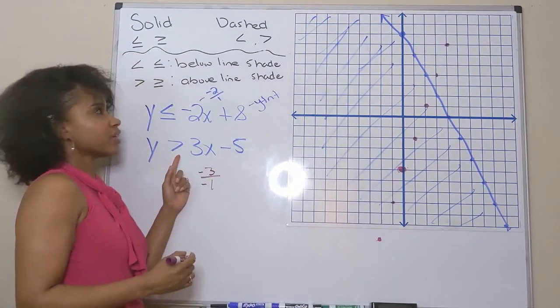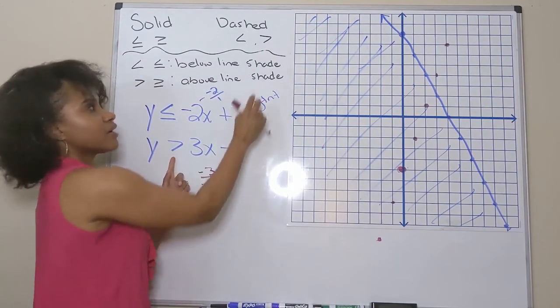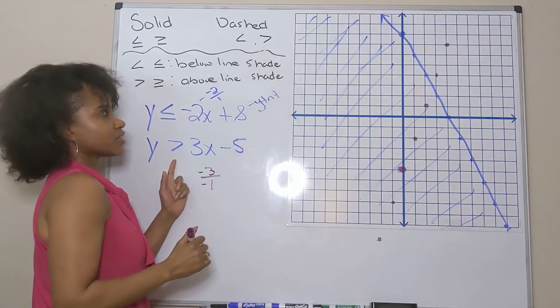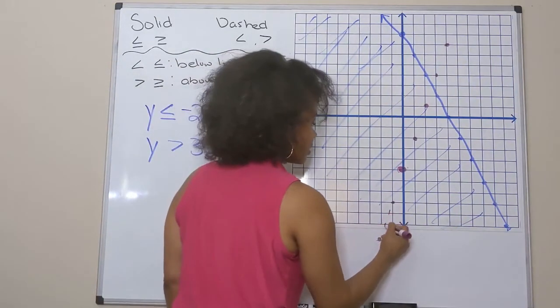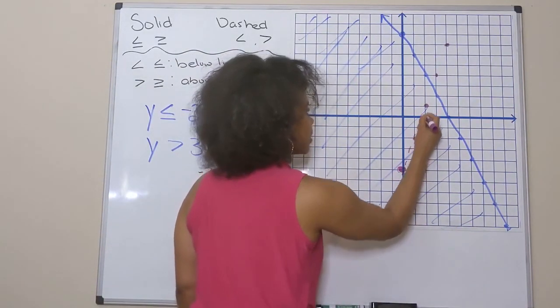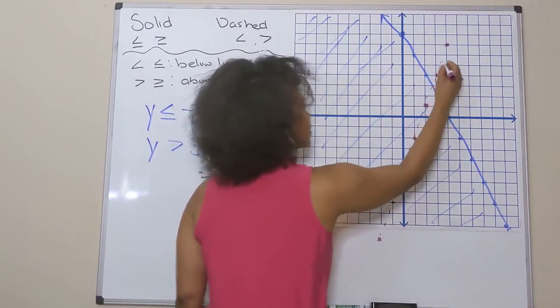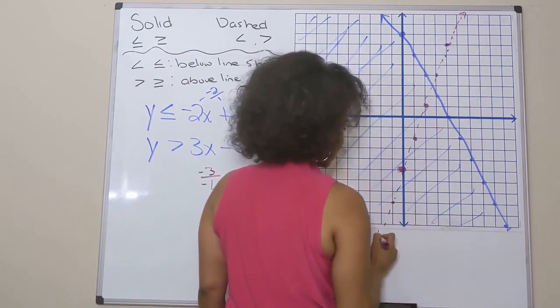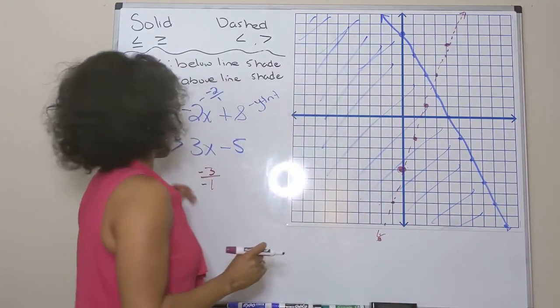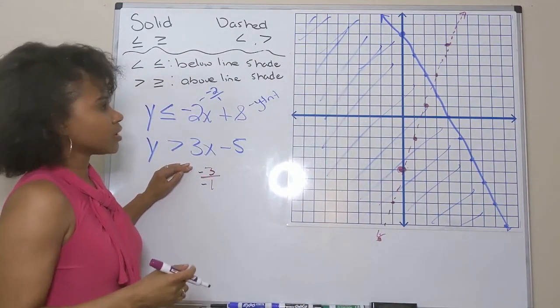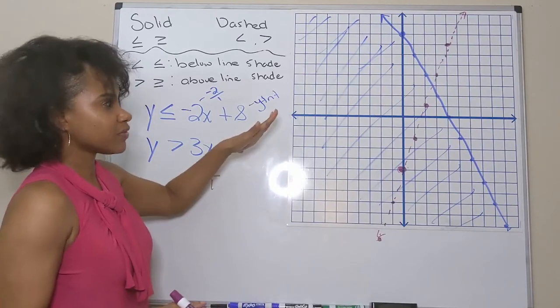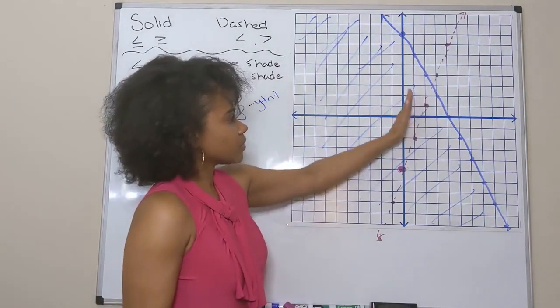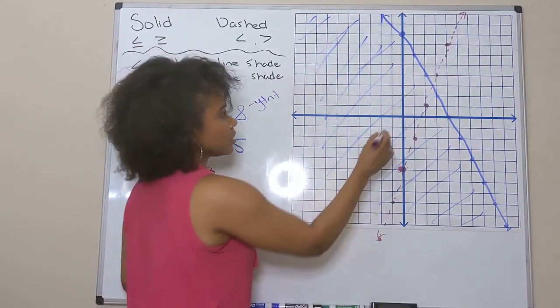This is just greater than, so it doesn't have an equal to sign underneath, so it's going to be a dashed line, meaning the points on this line will not be considered solutions. And then this says y is greater than, so I want to shade above the line, and above the line would be over here.